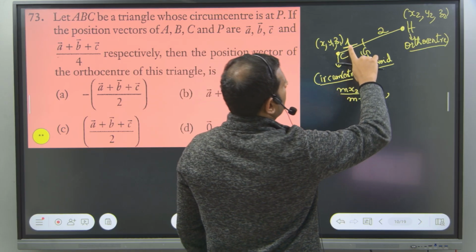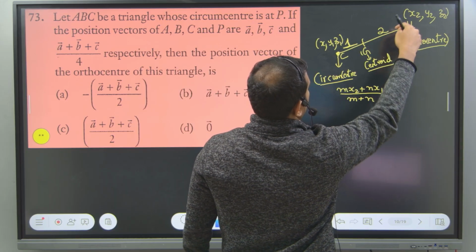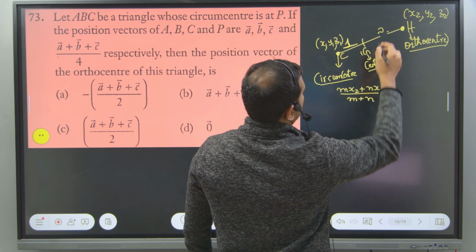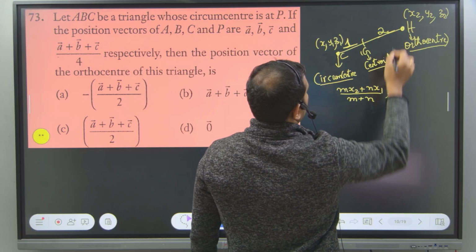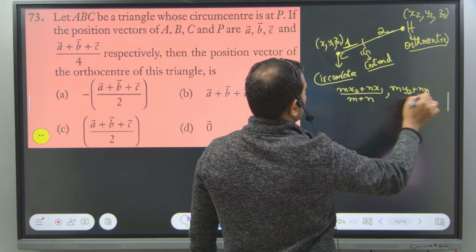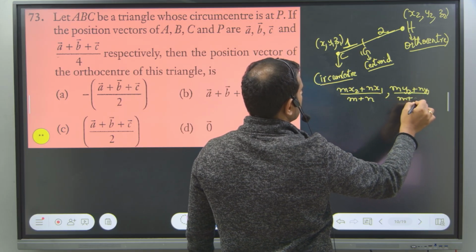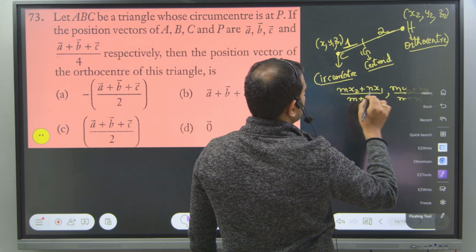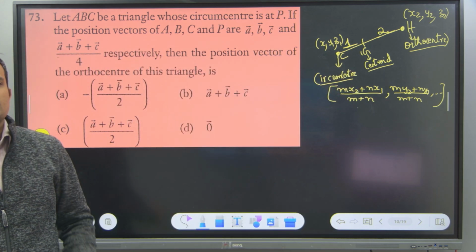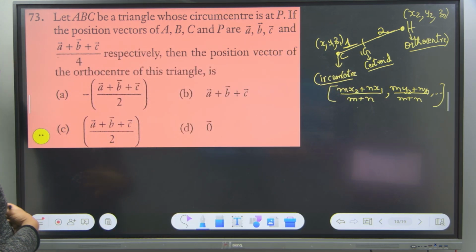So 1 into x2 plus 2 into x1 divided by 3. In the same way the y coordinate comes. Is it clear, students? So based on these two concepts you need to solve this question. Let us see what they have given.